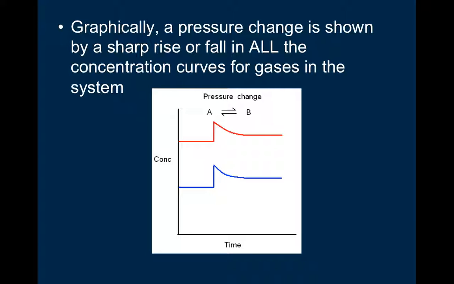The increase has been for both A and B. So therefore, we can see there's been an increase in pressure, because an increase in pressure is going to cause an increase in concentration. Likewise, with a decrease in pressure, you're going to see the graphs decrease, instead of the lines going vertically up. And then what we can see is a slow readjustment of that equilibrium.